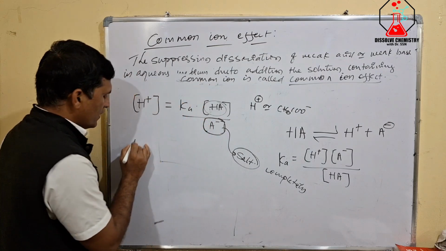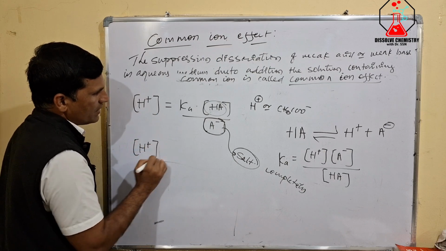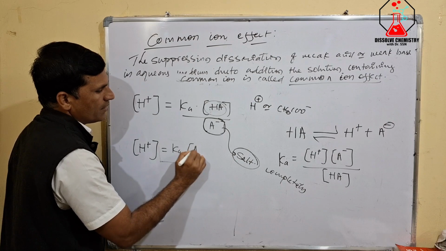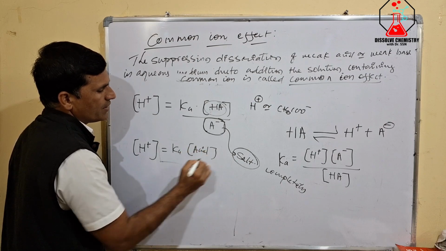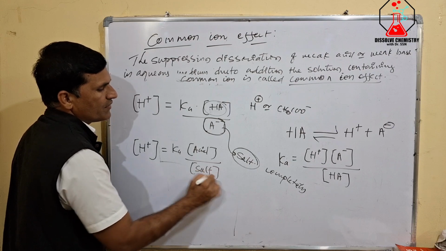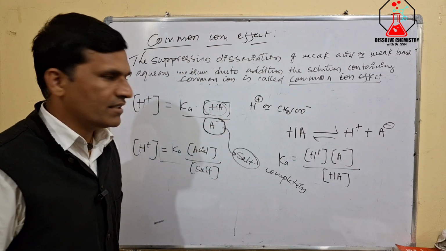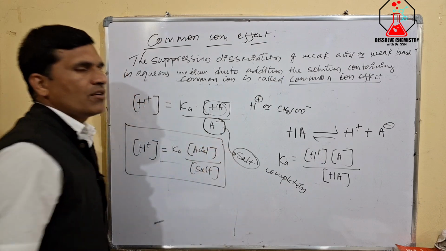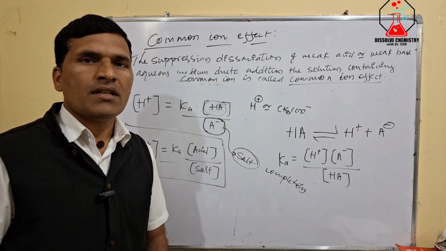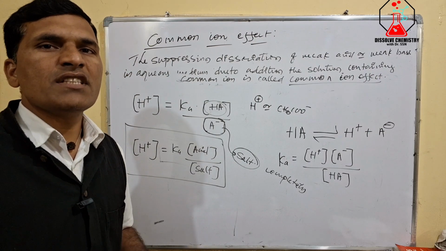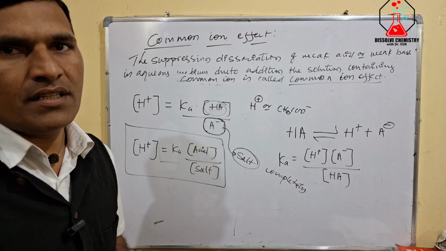Therefore the H plus ion concentration is Ka into the concentration of the acid in the given solution divided by the concentration of the salt which is added additionally. This is how we can give the hydrogen ion concentration of a weak acid solution to which salt solution has been added.